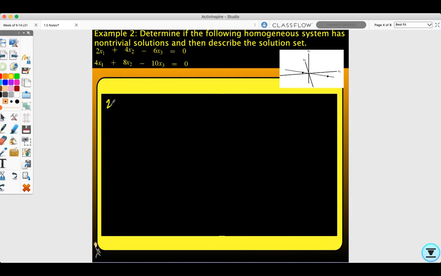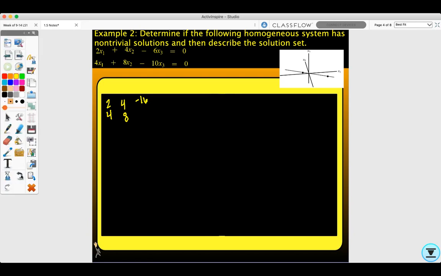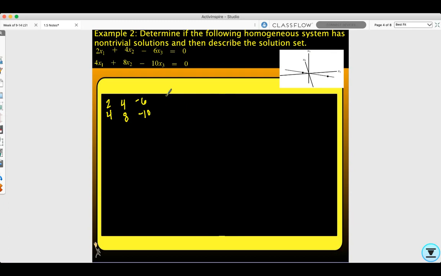So I have 2, 4, 4, 8, negative 6, negative 10, 0, 0. I can first take 1/2 of row 1 to get that lead in 1.